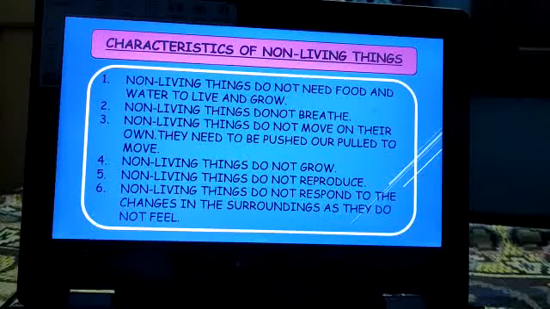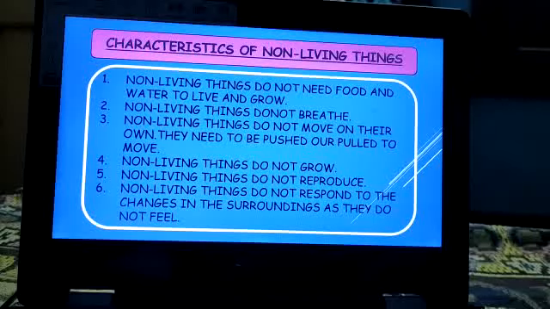Okay, so let's learn. The first point is that non-living things do not need food and water to live and grow. As we already learned, there is no life in non-living things, so they do not need food or water to live and grow.